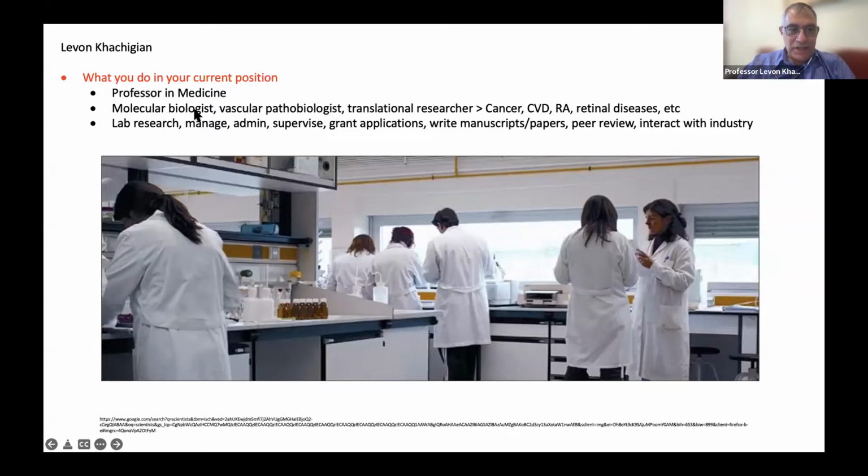Being a molecular biologist, I am interested in how molecules work, talk to each other, interact with each other, get modified, and how those modifications lead to changes in behavior of cells, and in turn, how those cells influence organs and how those organs function, cross-communicate, and respond to disease stimuli.